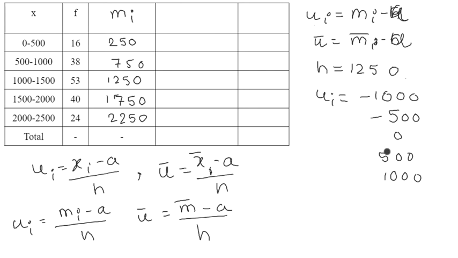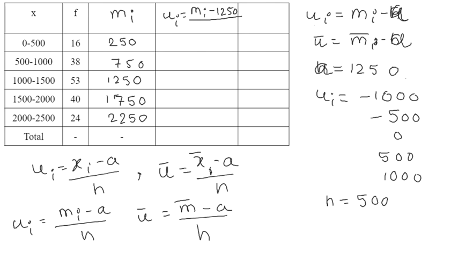Now we are going to do further division, that is we are going to change the scale. So here ui is nothing but mi minus a, our value of a is nothing but this, and our value of h is equal to 500.